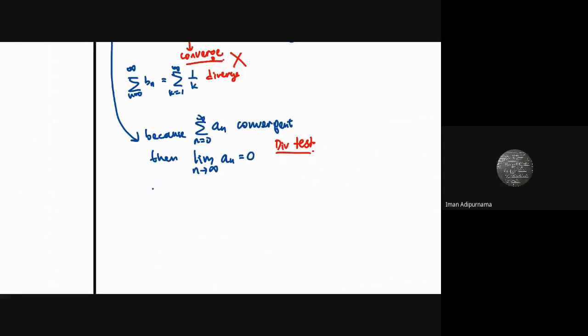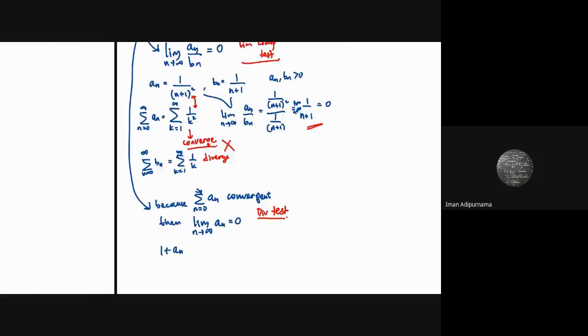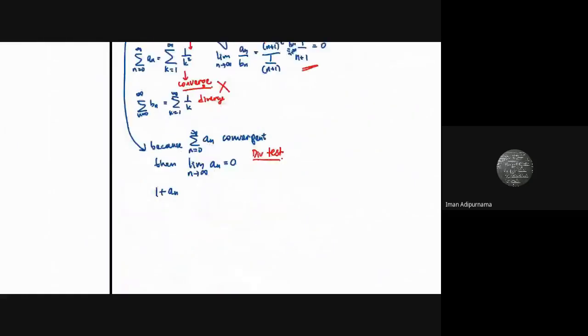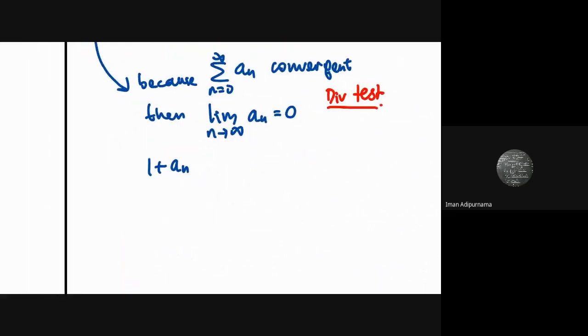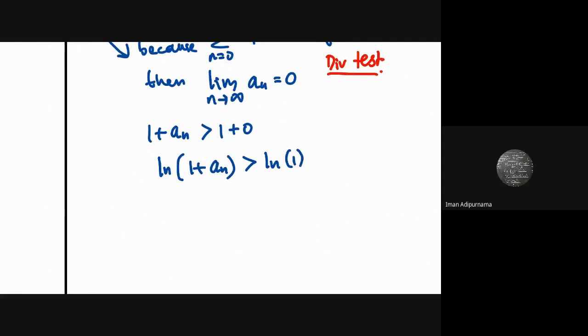Now you have 1 plus AN from option D. So 1 plus AN, of course, is greater than 1 plus 0, right? So ln of 1 plus AN is greater than ln 1, right? And by using the limit comparison test, we are comparing ln of 1 plus AN and AN.